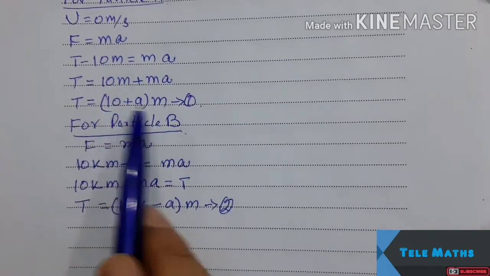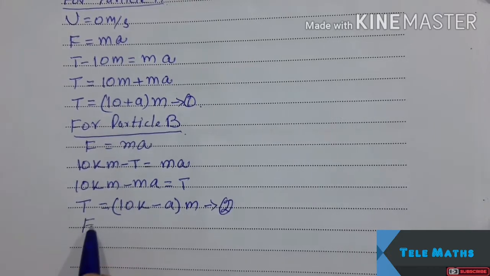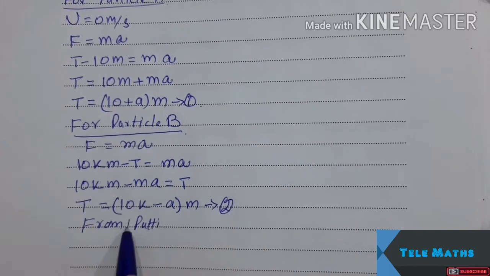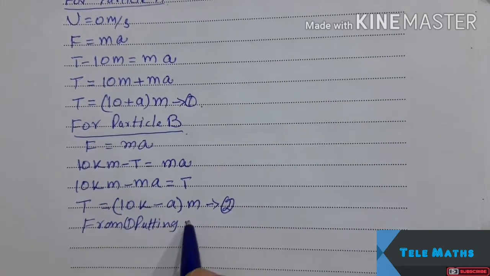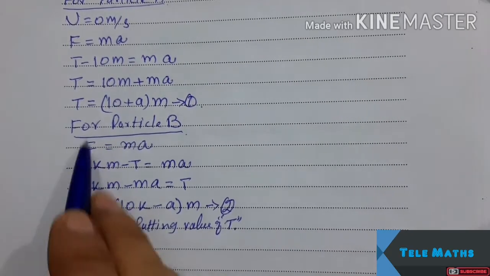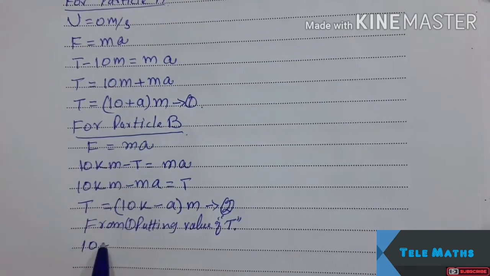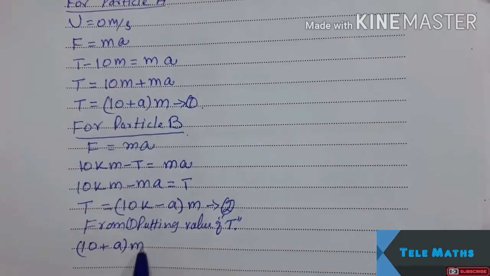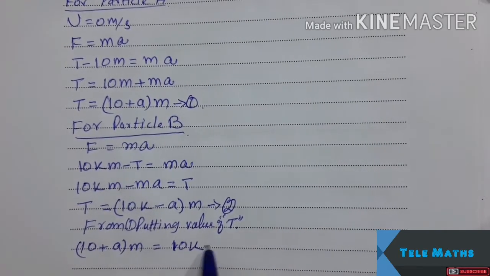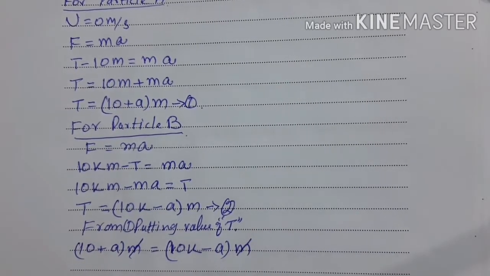So I have the value of T in equation 1, so I'll put the value of T here. So from 1, putting the value of T, T is (10 plus a) into m, so I'll put here (10 plus a) into m is equal to (10k minus a) into m. So m cancelled.